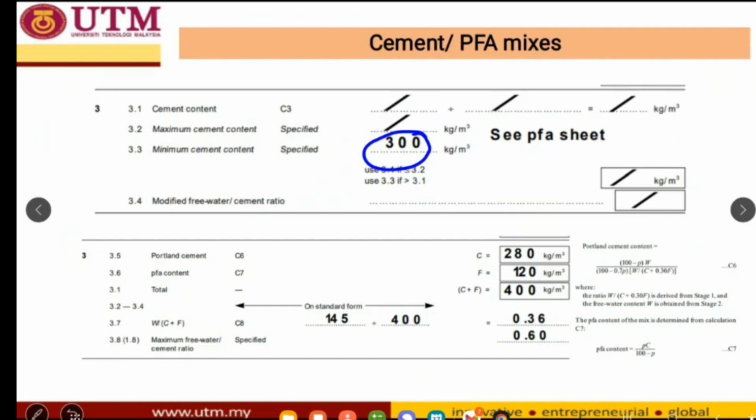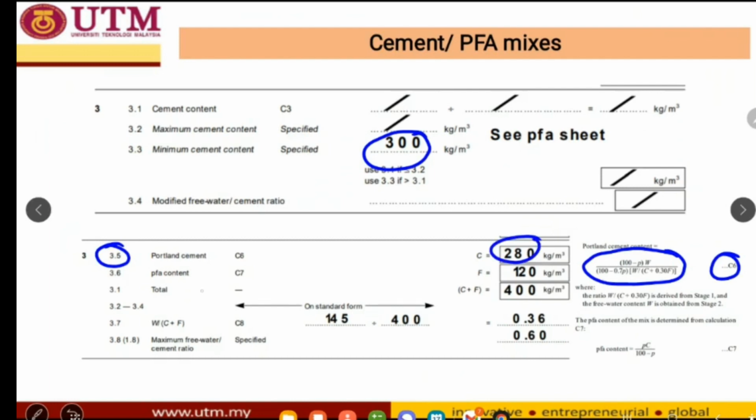We straight away calculate starting from 3.5, which is from the PFA sheet. The Portland cement that we are using, C6, we calculate using this equation. We just plug in the input figures and calculate based on this formula, and you will get the cement, which is 280.